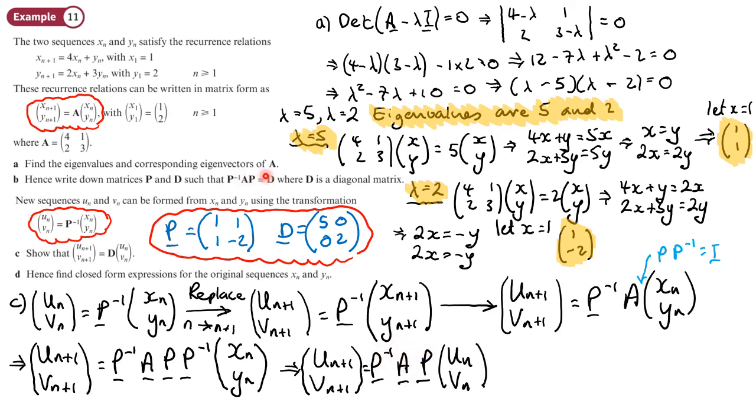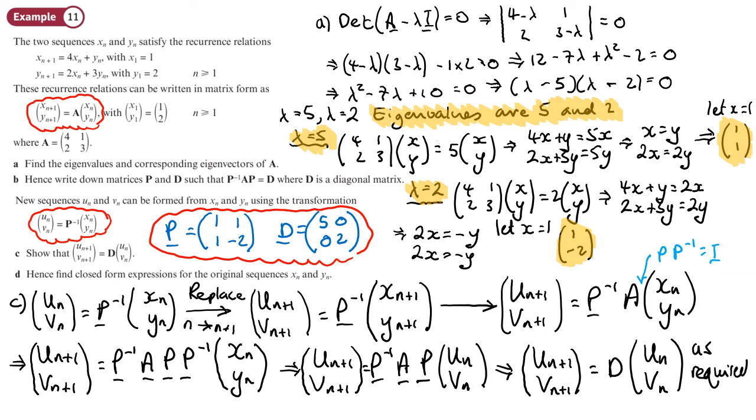This equals D, the diagonal matrix. So what we can do for the next step is to replace P inverse AP with D, and we'll end up with un plus 1, vn plus 1 equals D un vn, and we've proved it as required. We've now got to this format here, so we can just put as required, or we can put QED. We've proved what they've wanted.